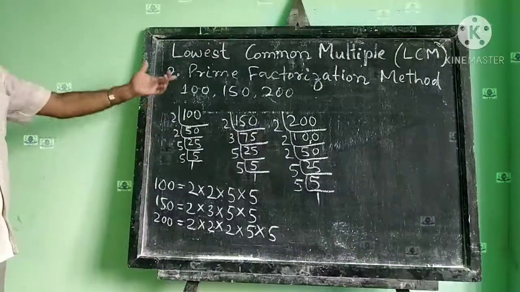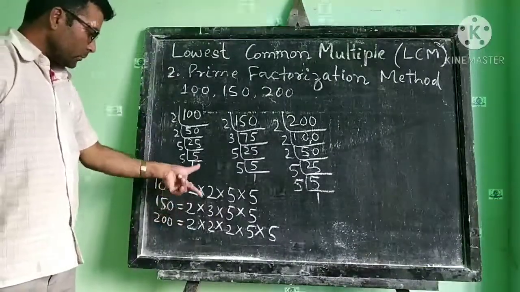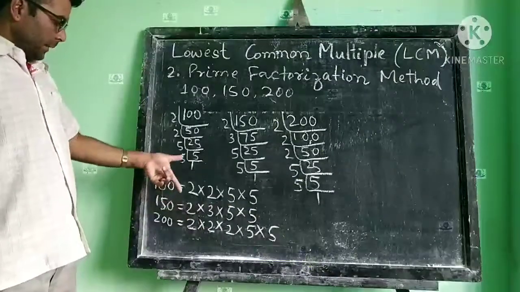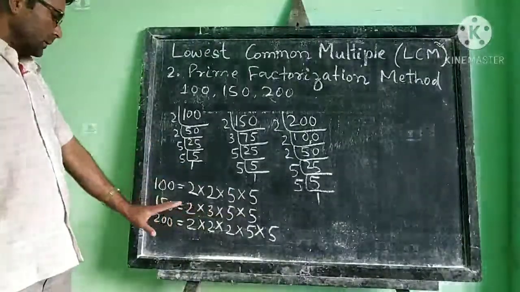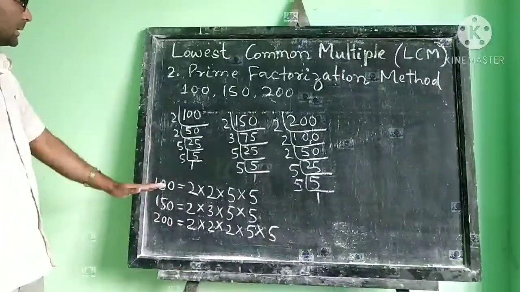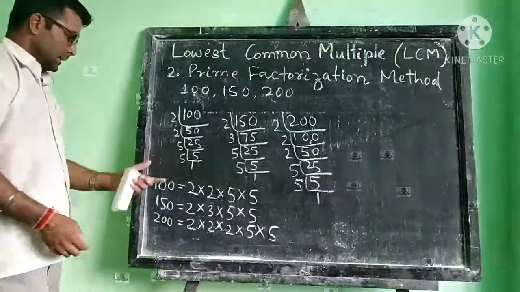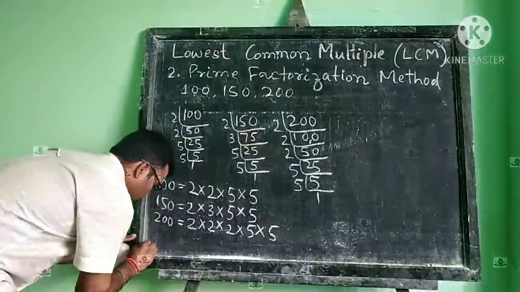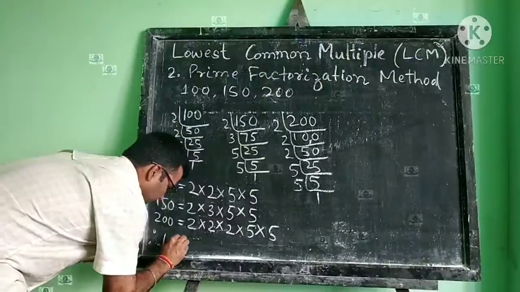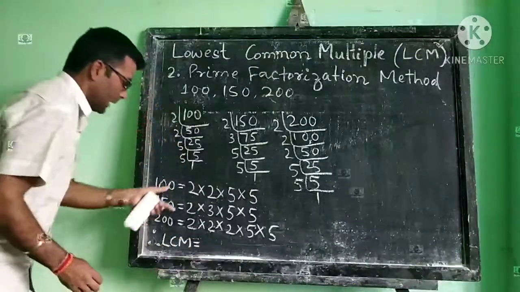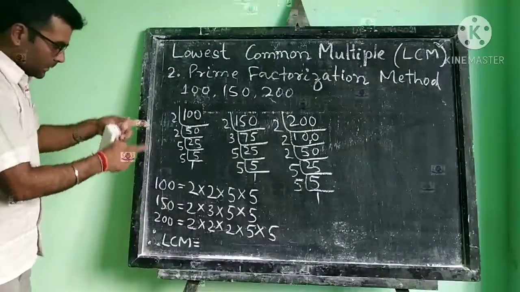Up to here we have done the same in HCF also, but in HCF we found only the factors common in all, and after multiplying the common factors we found HCF. But in this case we have to find LCM. Therefore LCM is equal to, first we have to write the factor which is common in all.